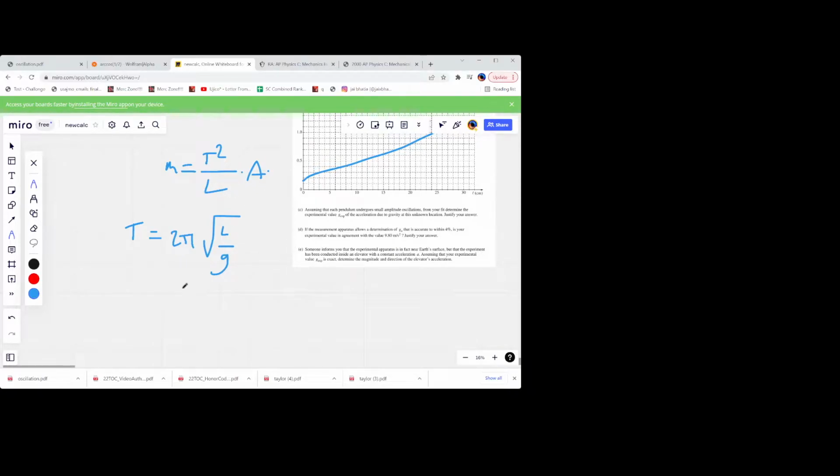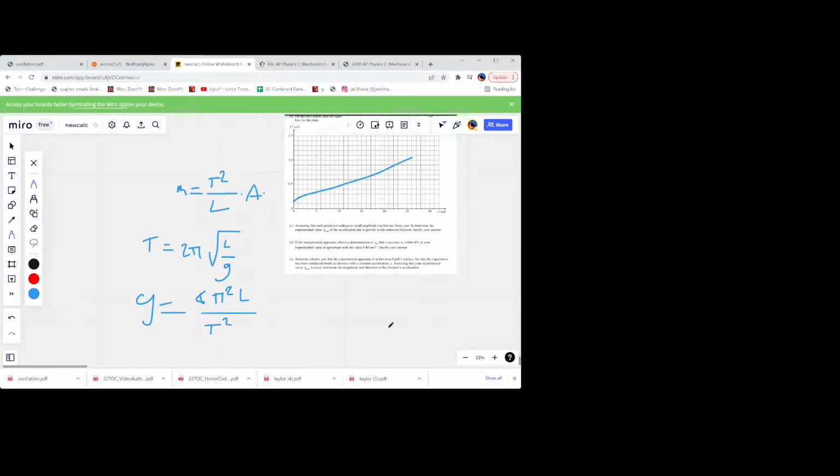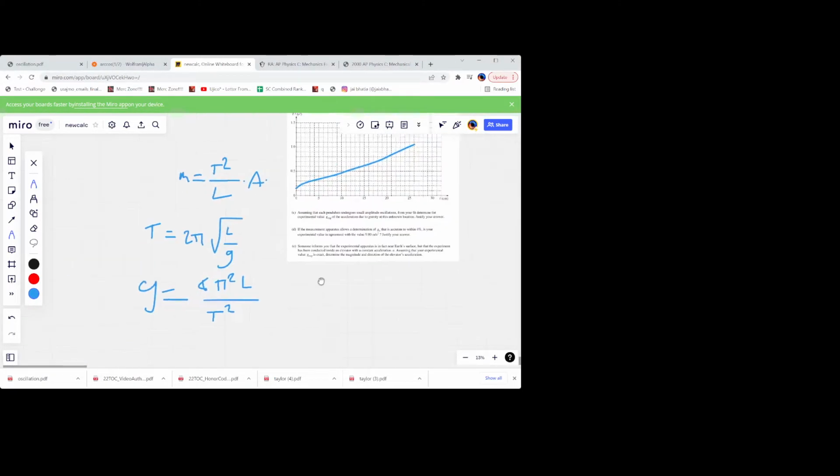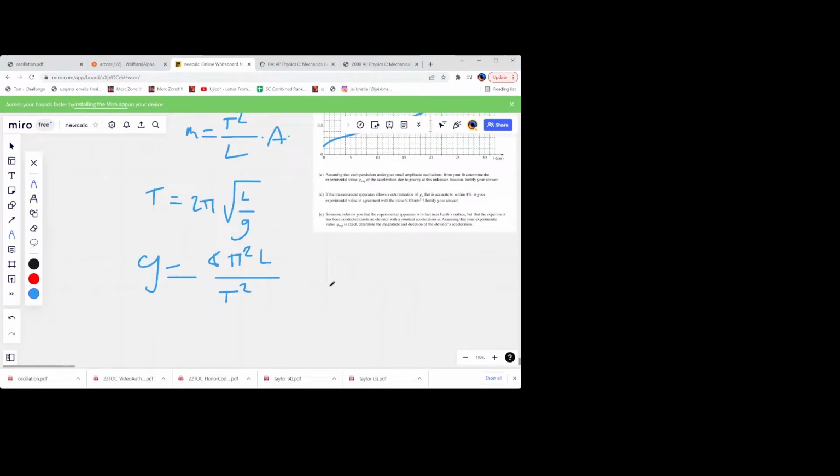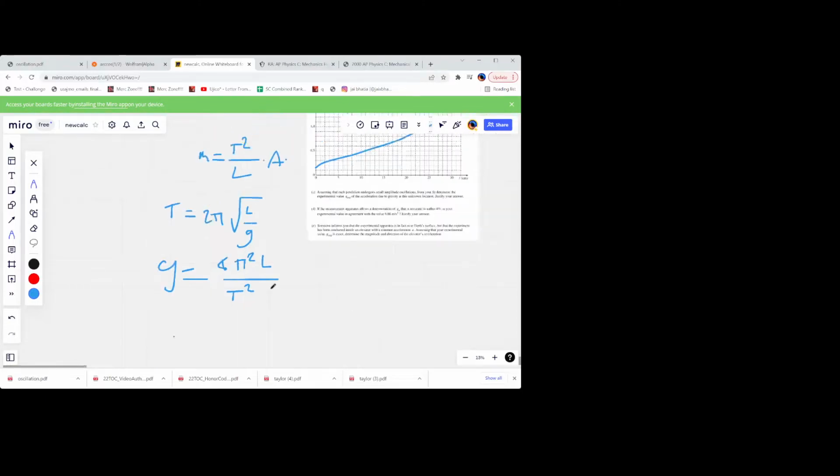Now, if we just solve this out really fast, then we get that g is equal to 4 pi squared L over T squared. Okay, this is actually pretty funny. We had a physics lab on this. Literally, it's a lab. So yeah. Anyway, we have this for g.